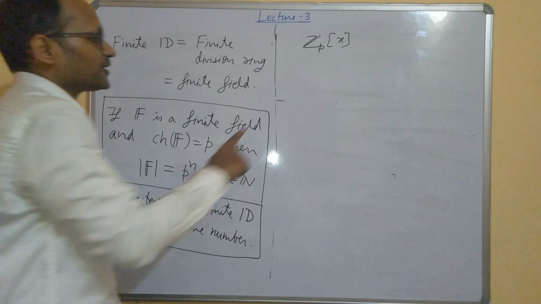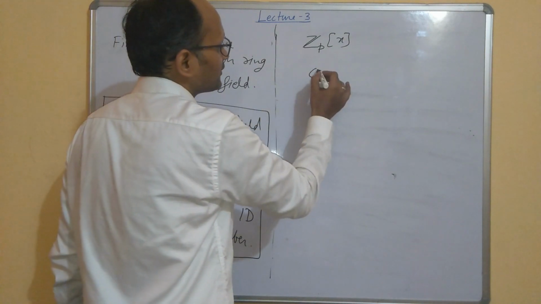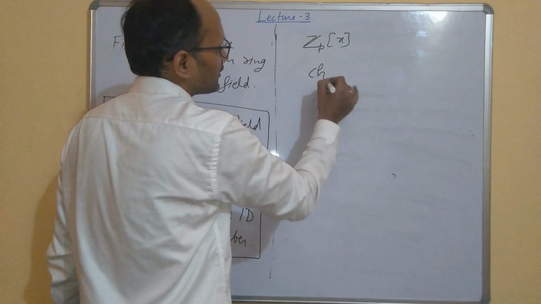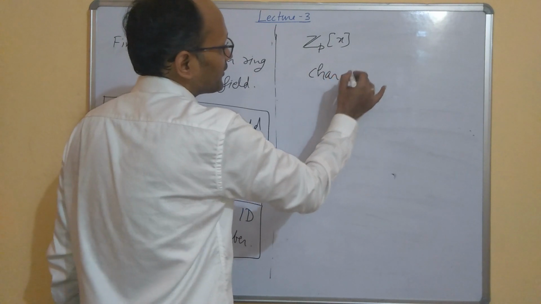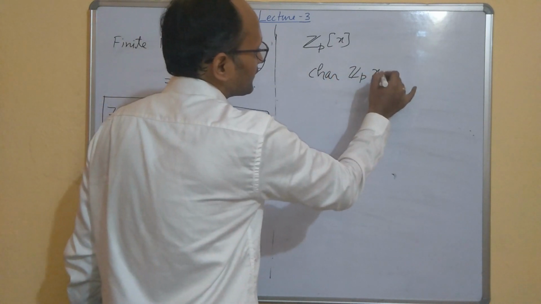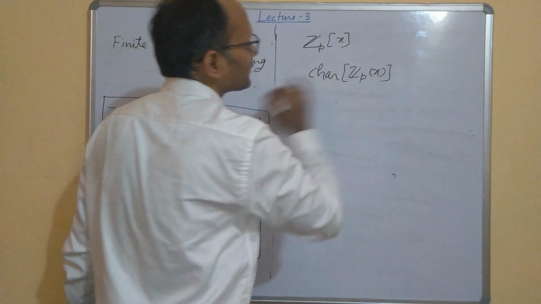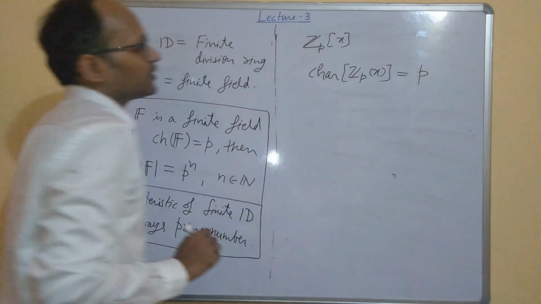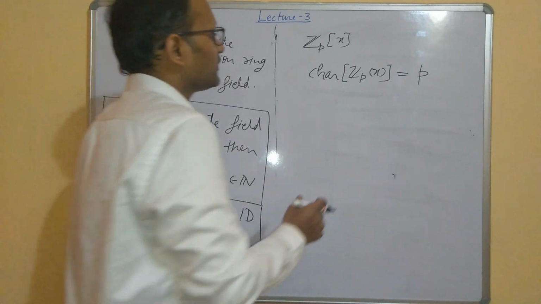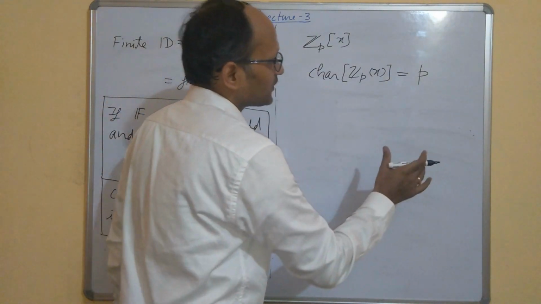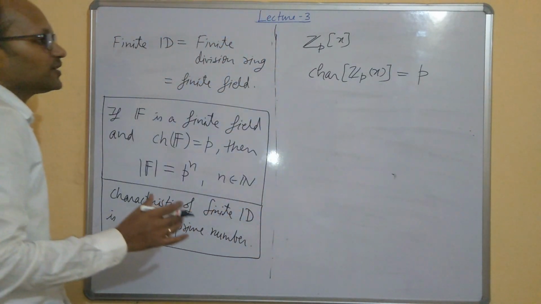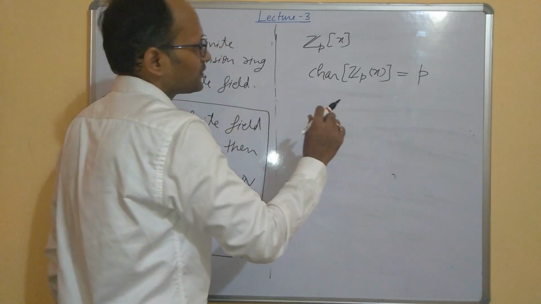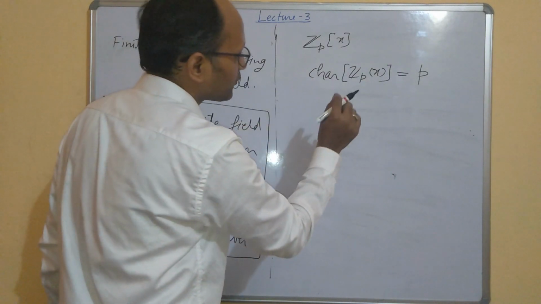In this polynomial ring, you can check this is an integral domain also, and the characteristic of this polynomial ring is P, because when you sum one element P times, then the coefficient will become P times that coefficient.